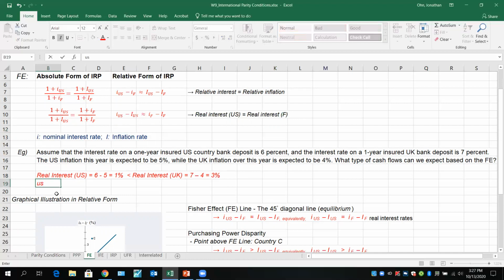US investors, arbitrageurs, will move their capital to the UK because the UK real interest rate is much higher, to exploit the higher UK real interest.